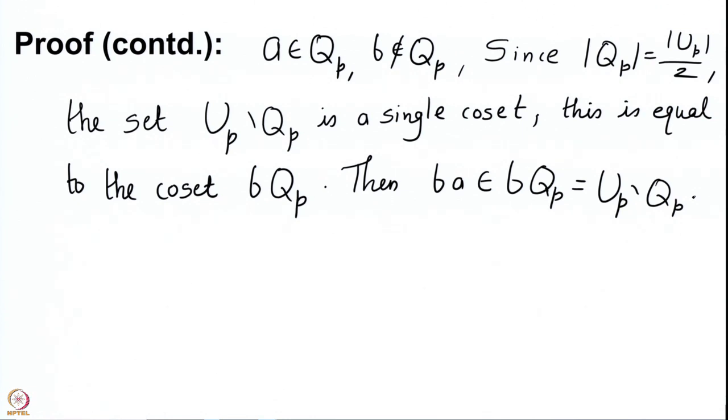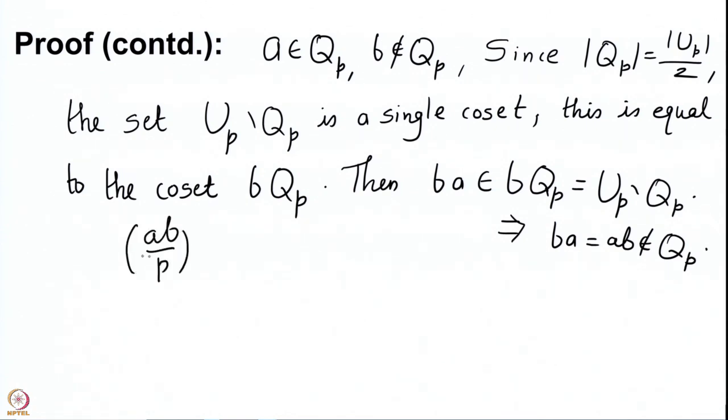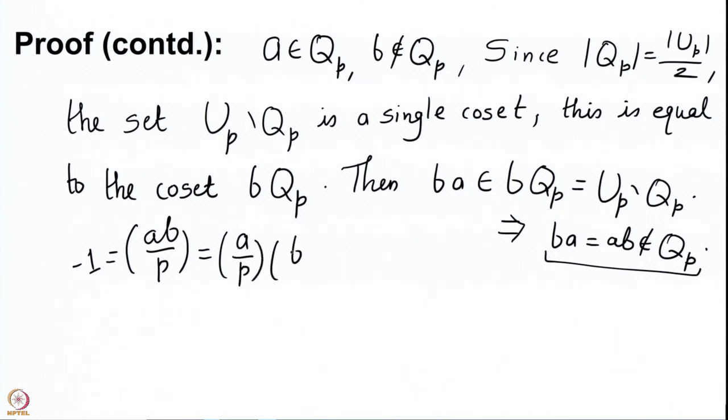So, here we get that when you have A in Q_p, B is not in Q_p, it will tell you that BA or AB is not in Q_p. So, the computations will tell you that (AB/p), which is now -1 because AB is not in Q_p, is also equal to (A/p)(B/p), which is 1 into -1, which is -1.